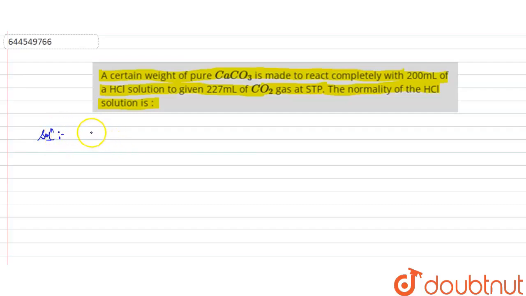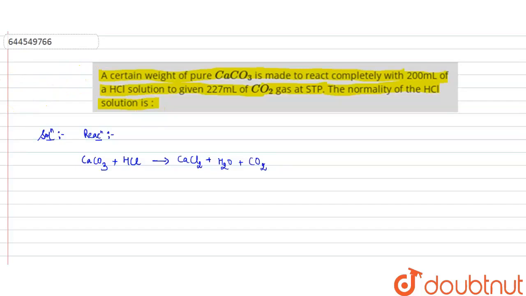First of all, as per the information given in the question, we can clearly say that there is a reaction taking place between calcium carbonate and HCl, and that reaction we can write as calcium carbonate, that is CaCO3, reacting with acid, that is HCl, to give calcium chloride plus water along with the production of CO2 gas.